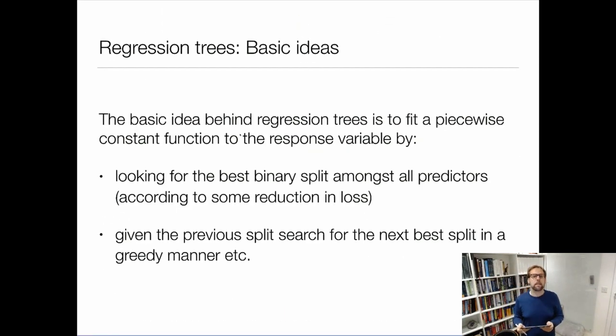And this is the basic recipe behind regression trees, effectively just summarizing what I already said when talking through the picture earlier. I effectively go through the data. I will look for the best binary split amongst all predictors. In this case there was just one variable here, according to some loss function. In this case I looked at the residual sum of squares, and I will see how much it goes down if I have different splits here, as I explained in this picture.